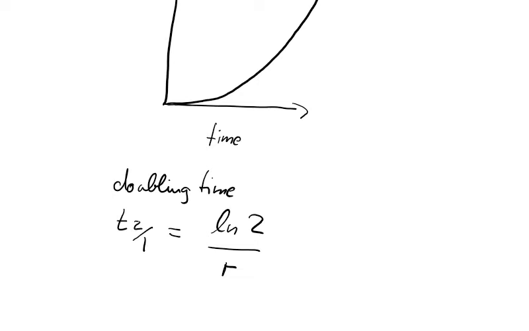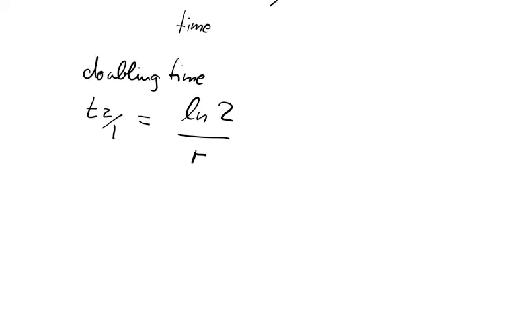So for example, if I say to you that r equals 0.693 day to the minus 1, what is my doubling time? Ah! Okay, it's 1 day.